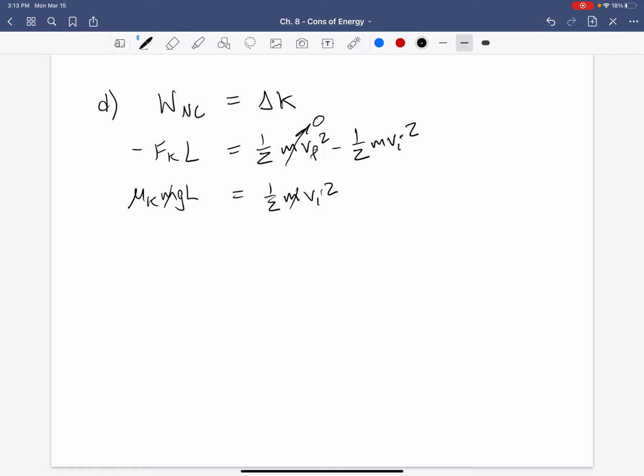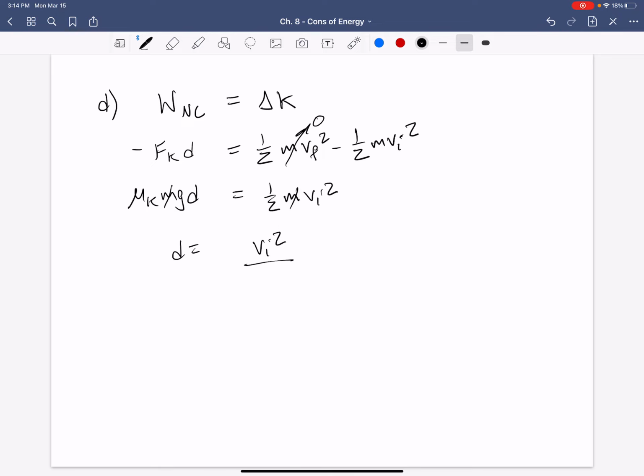And we're solving for, sorry, not L, but d, the distance, because the energy drops to 0 after this block has slid a distance d, and that's not the same as capital L. So we're solving for d in this case.